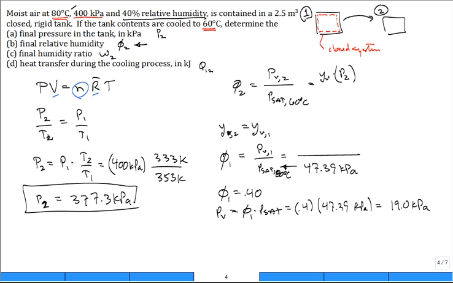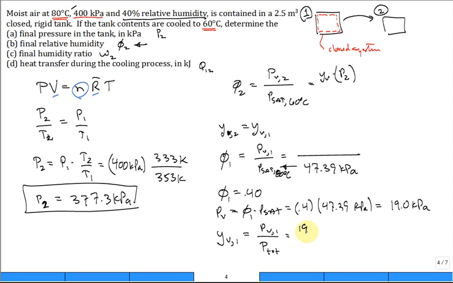All right. Now, what is the mole fraction of the vapor at state 1? Is the mole fraction of the vapor at state 1 equal to the vapor pressure at state 1 divided by the total pressure?